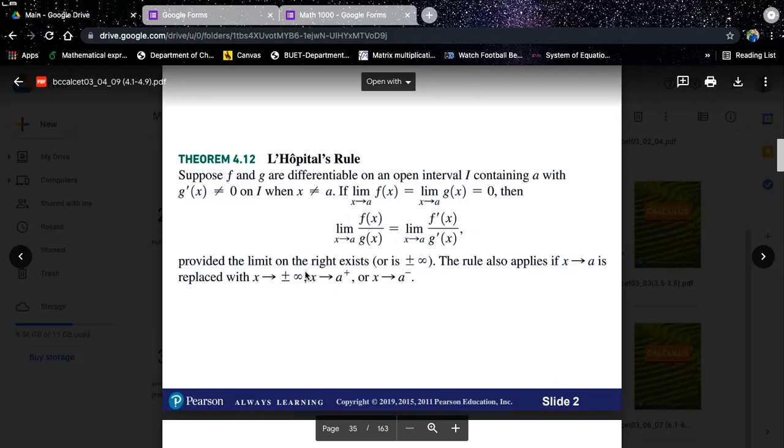Now, the limit extends to a for the first function, the limit extends to a for the second function.